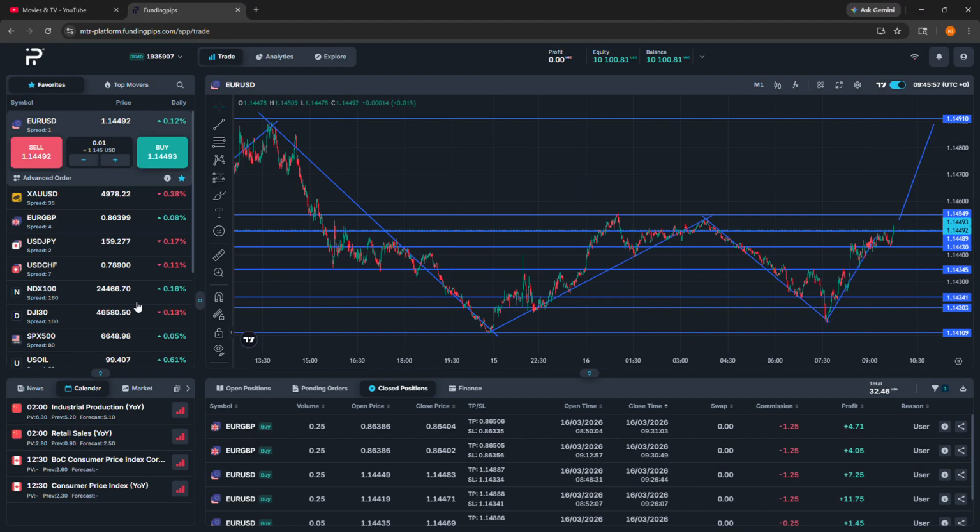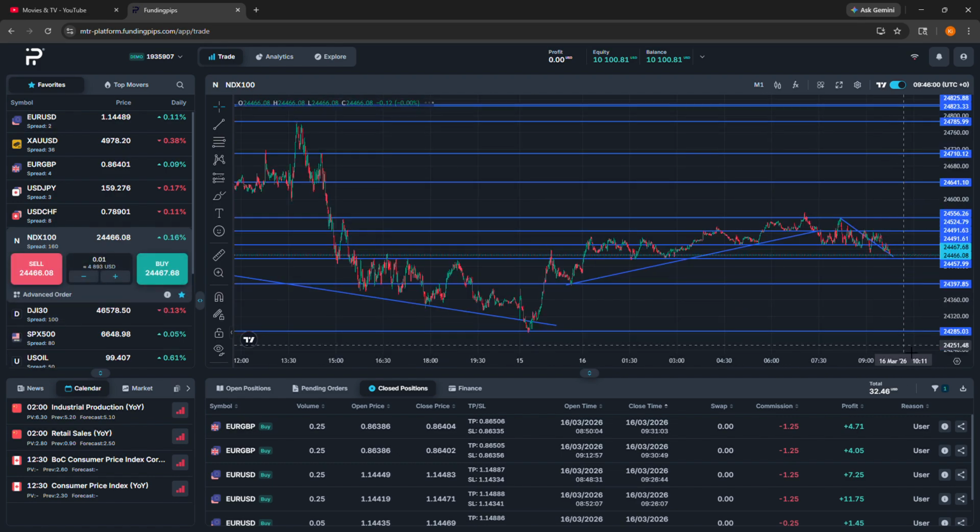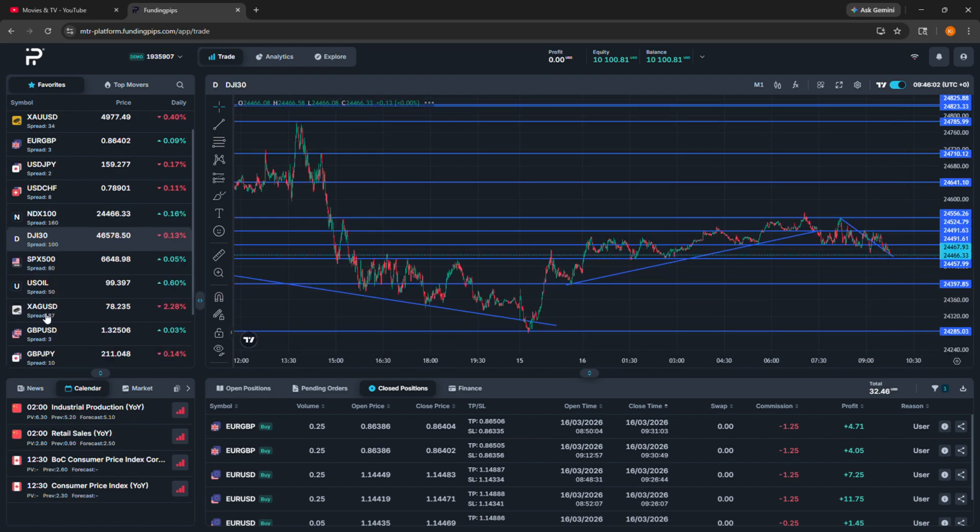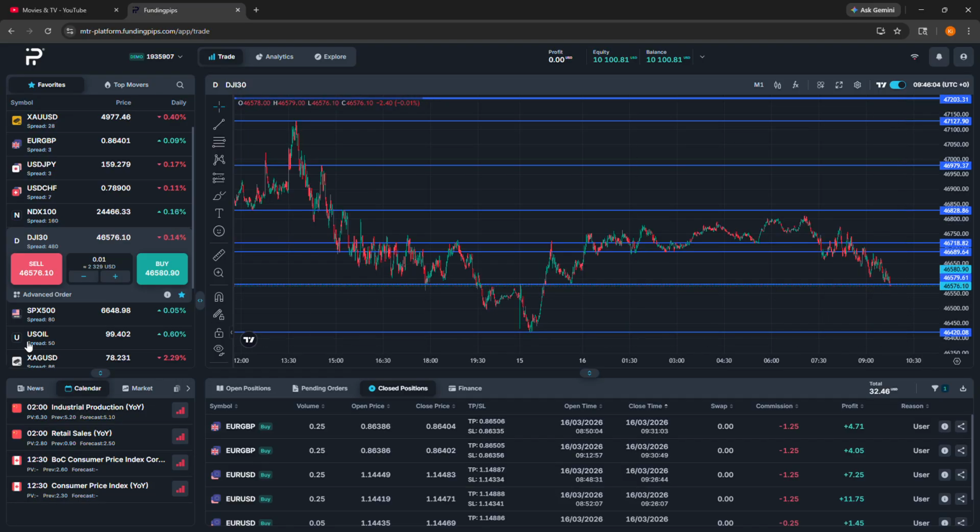That's what I'm thinking. But the Nasdaq is dropping, and Dow should also follow. So if somebody is bold enough, they could possibly do a short here and take advantage of this much right there.